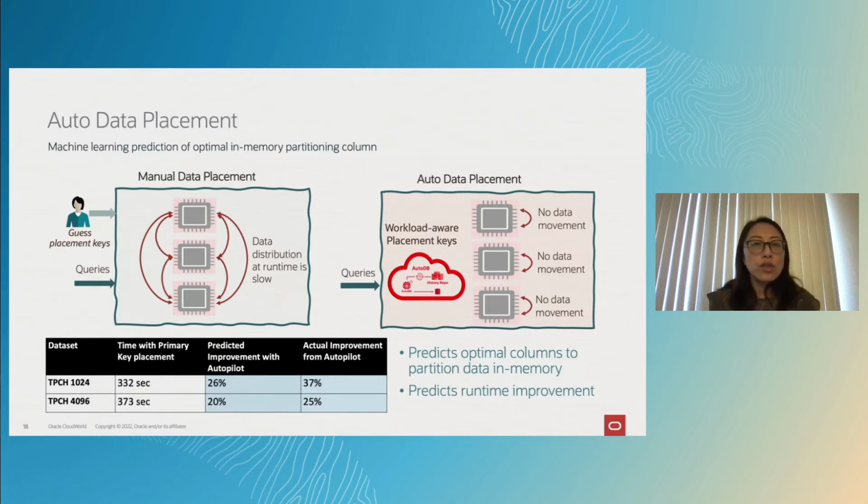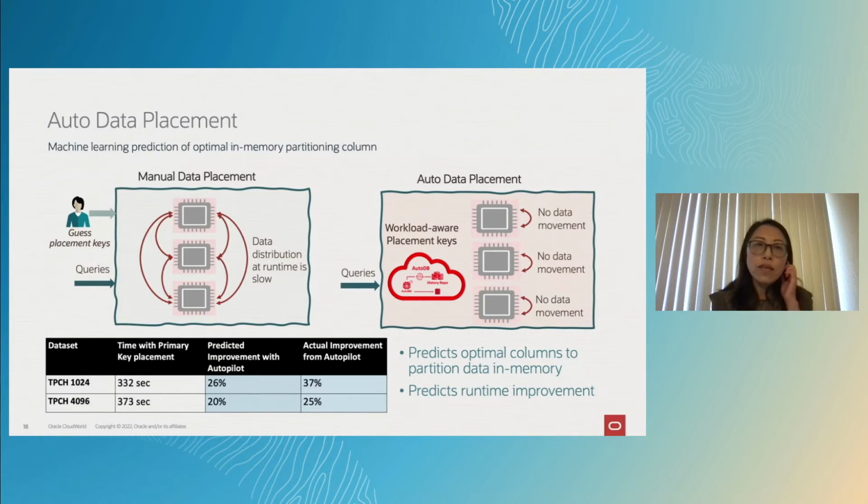This is usually very difficult for an end user to understand. One reason is that they may have a lot of queries, and we don't know which one is the most time consuming in terms of shuffling the data, or what kind of query can benefit from using data placement.